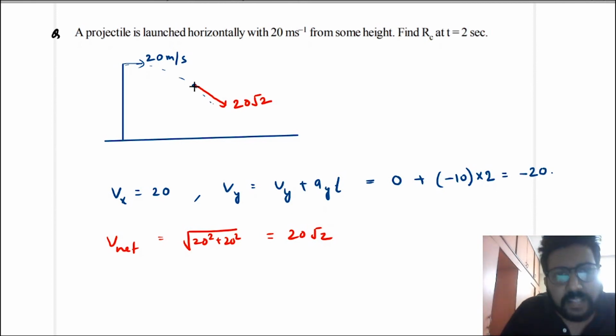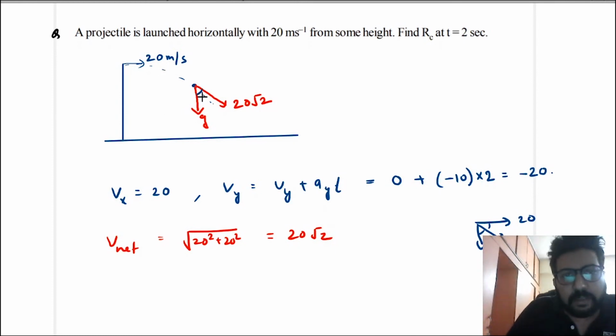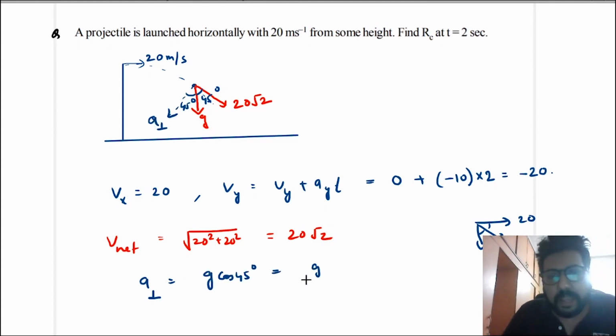The acceleration due to gravity is downwards, and because this speed is 20 and 20, the angle the resultant makes with the vertical or the horizontal both will be 45 degree. So this angle will be 45 degree. So the radial acceleration, that is the perpendicular component, will be g cos 45, and that will be equal to g by root 2.